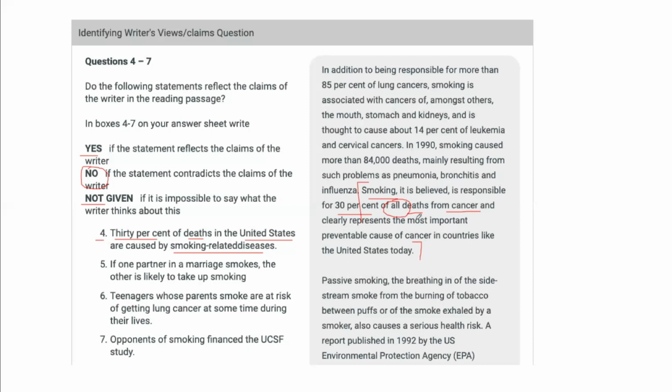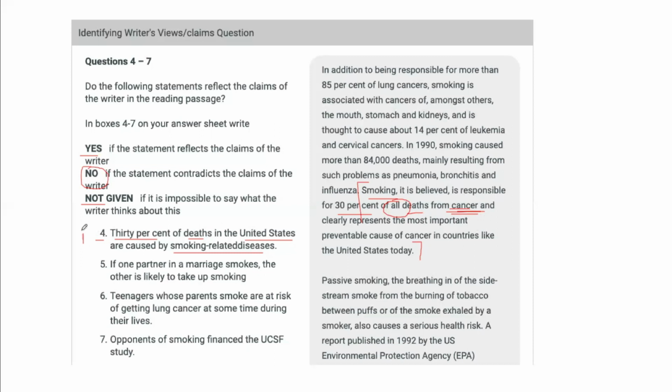However, you must look at this very important word, from cancer. So it's 30% of all deaths from cancer. This is just 30% of deaths in the United States. And the writer is saying smoking is responsible for 30% of all deaths from cancer, but not necessarily 30% of deaths in the United States.